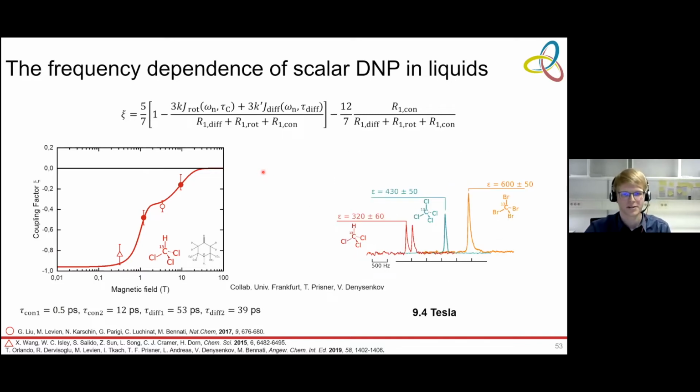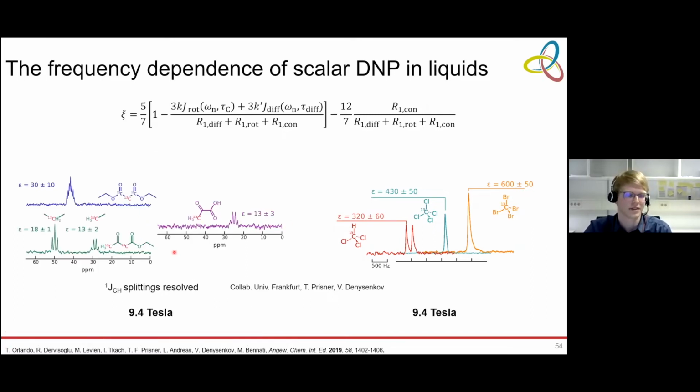So we can also measure it, and we did this in a collaboration with Frankfurt. The group of Professor Priesner and Vasil Denisenkov performed the experiments with us, and we were able to actually measure these at 9.4 Tesla and went up to even 600 for this tetrabromo compound, but not only for those, also for other stuff, like pyruvate or diethyl malonate.